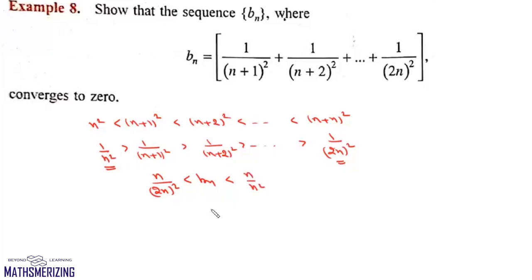So every term of the sequence bn will be greater than 1 upon 4n and less than 1 upon n. Now we take the limit as n tends to infinity. This limit is 0, this limit is 0. Then using the squeeze theorem, we can say that the sequence bn is a convergent sequence and its limit of convergence is 0. And that is the answer to this question.